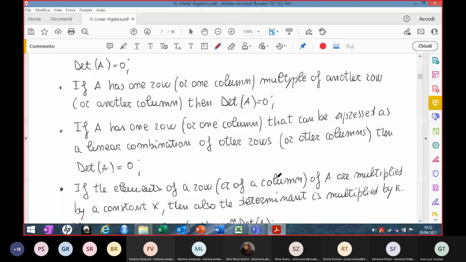Suppose, for example, that the second column of a matrix can be obtained as the first column plus the third minus the column number 4. In this case, the second column is a linear combination of all the other columns of the matrix, with coefficient 1 associated to the first, 1 associated to the third, and minus 1 associated to the fourth column.